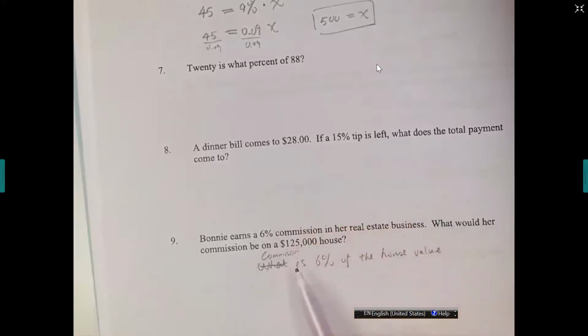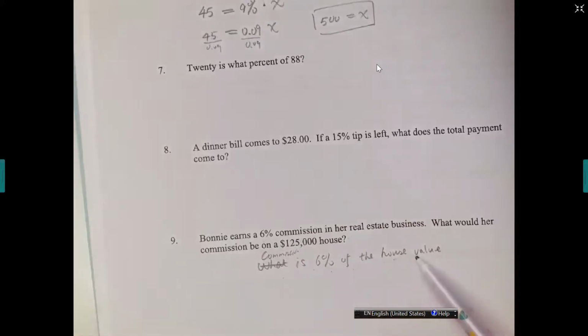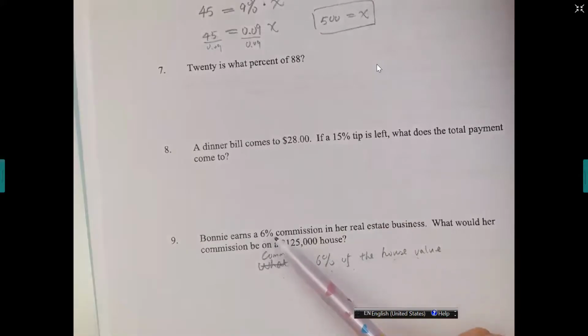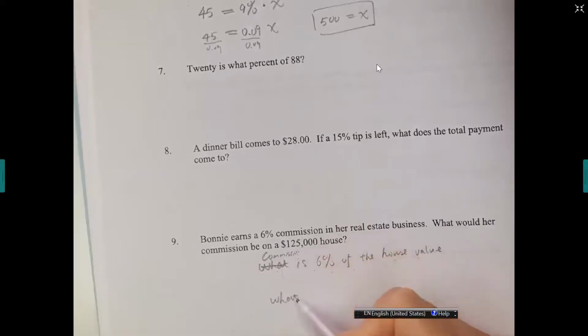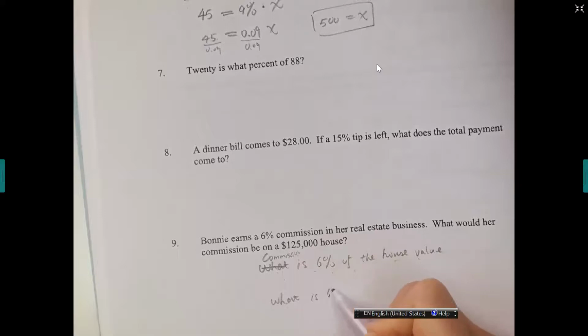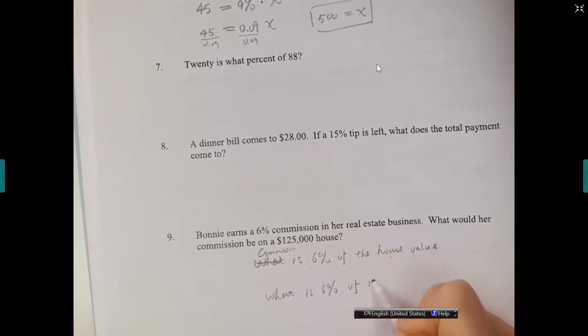So what do we get from this problem? We know the first idea: commission is 6% of the house value. Now go to Bonnie's case. We want to know how much commission. She still has the 6% of what? The house value, 125,000.